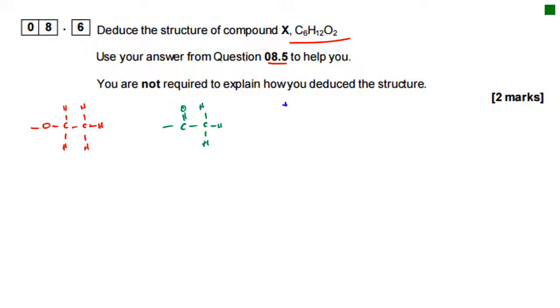So I said plus 2 carbons, right, plus 4 hydrogens, and we've got both our oxygens. Okay, so this would suggest we need to add in somewhere 2 CH2 groups, like that.